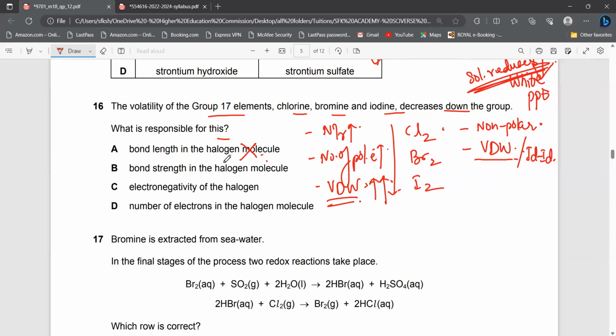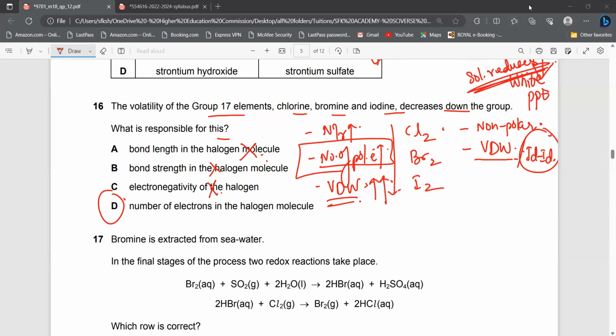Cancel it out. Bond strength, which one? Don't know. Electronegativity also not responsible. Yes, it's the number of electrons, because it's because of the number of electrons that the IDID forces become even stronger. So question 16 has to be D.